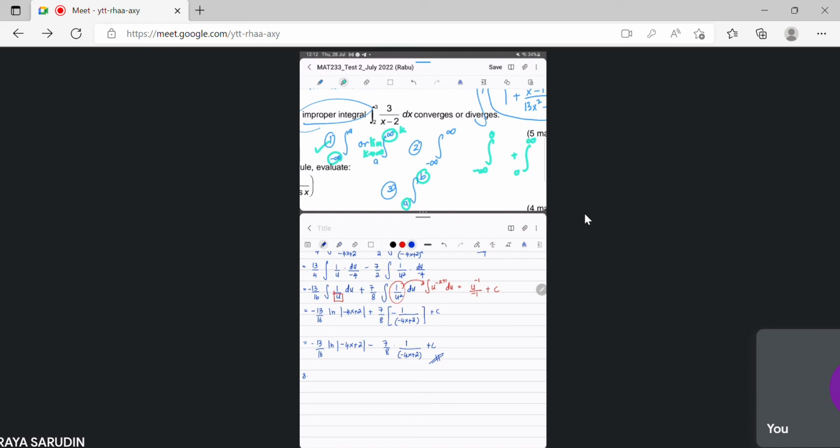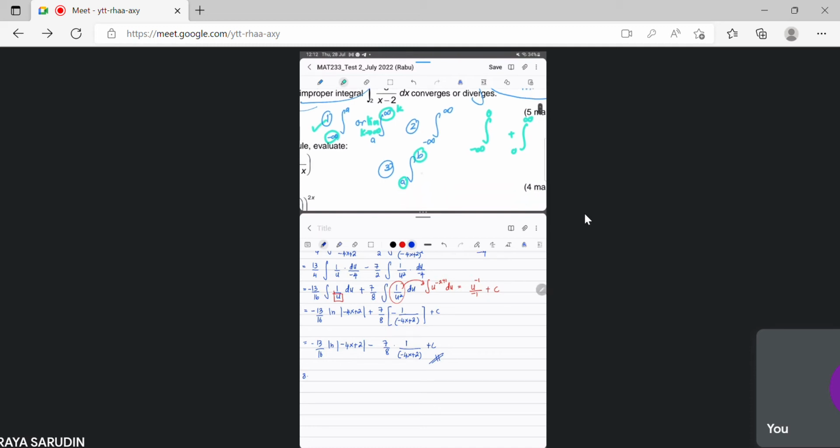Dia punya ni dua-dua ni adalah nombor. Okay, so kalau dua-dua nombor, apa yang kita nak buat, kita kena tengok dekat mana dia punya discontinuity dia. Bila soalan yang type 3 ni, dia ada dua possibility. Okay, satu, the discontinuity at A or B, salah satu.